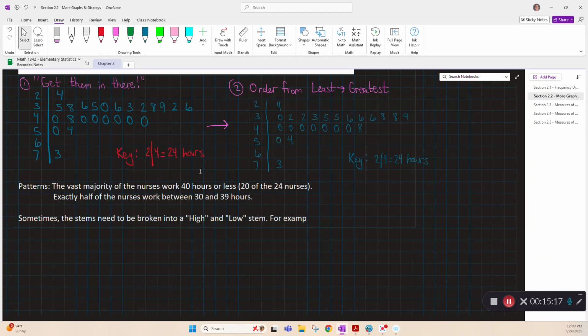For example, 3L would be 30 to 34 hours, while 3H would be 35 to 39 hours. So let's do that with this one.